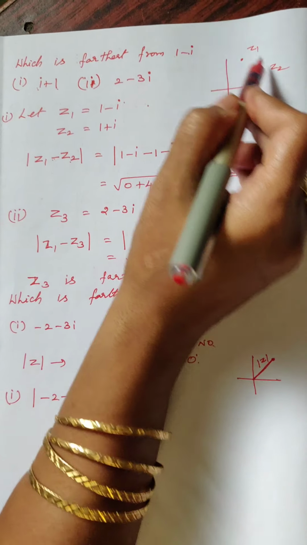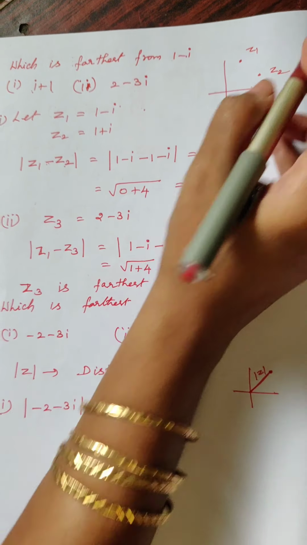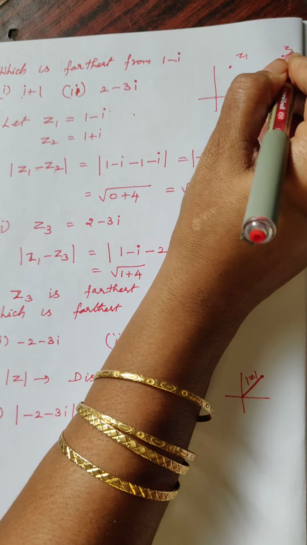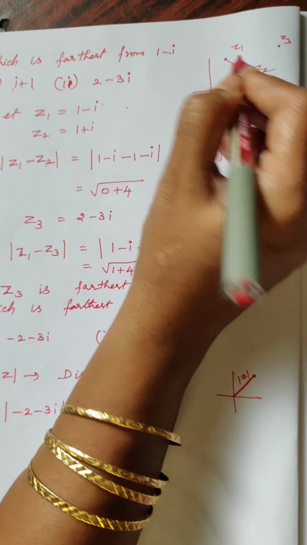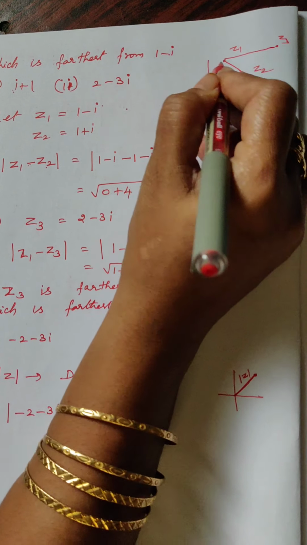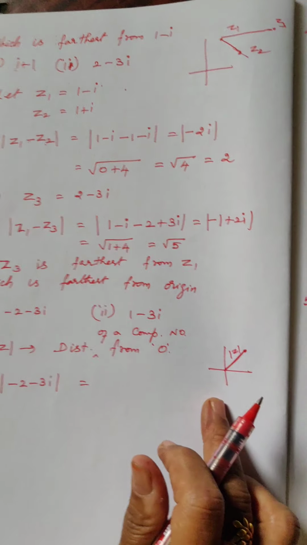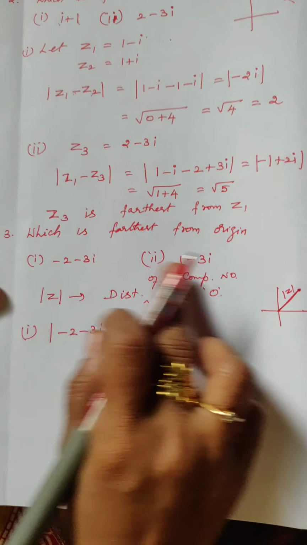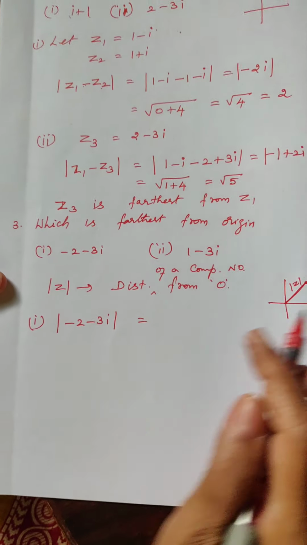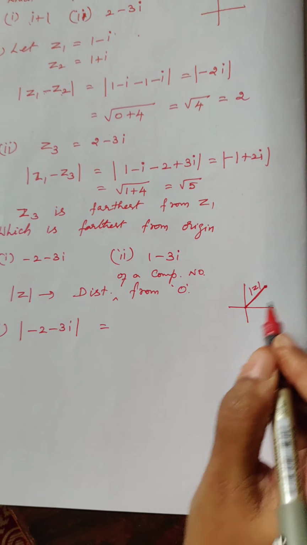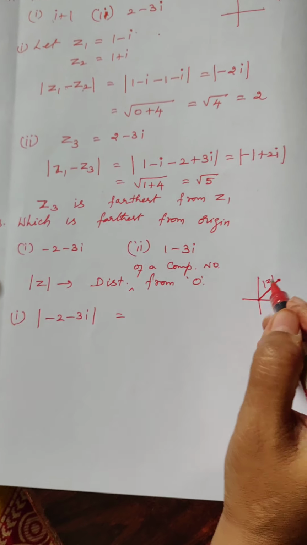Here you have the Z1 complex number, here you find the Z2 complex number, here is Z3. We want to check the distances from Z1 to Z2 and Z2 to Z3, and see which is the longest. But here we are taking the distance of the points from the origin. One point is minus 2, minus 3.